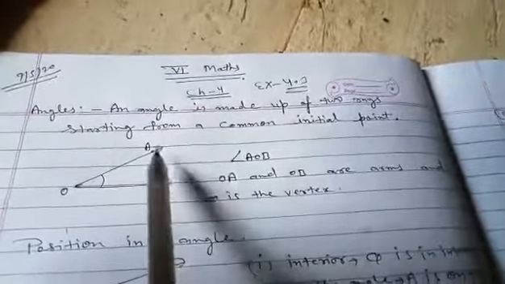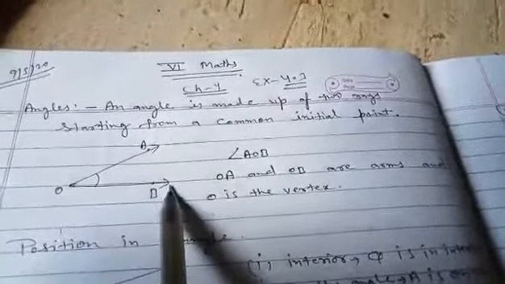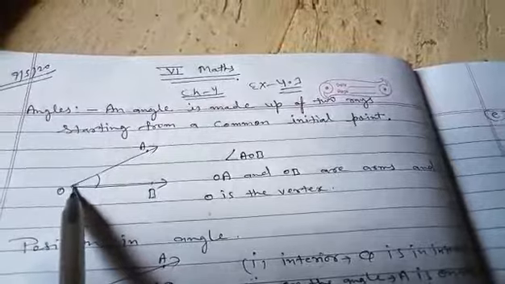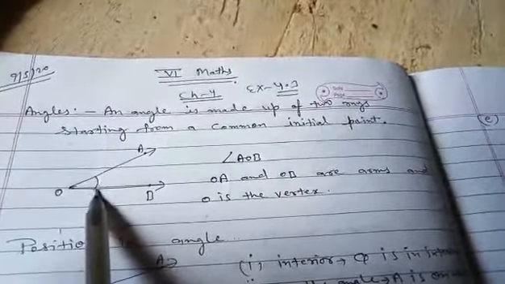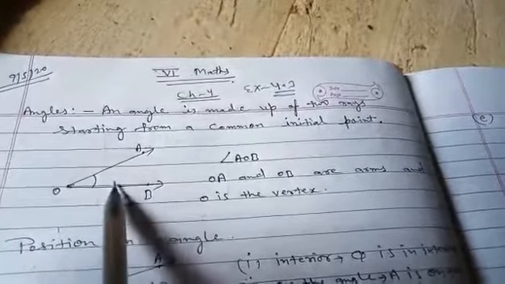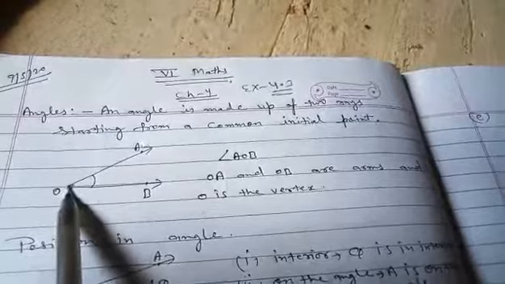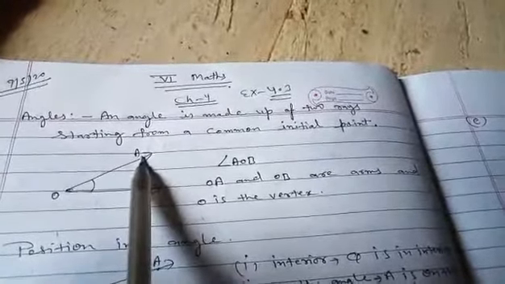When two rays meet at a point, that point is said to be common. OA and OB are two rays, and they will form an angle. Ray OA and OB make an angle, and its name will be AOB or BOA.